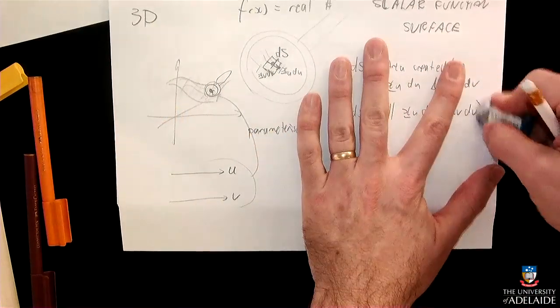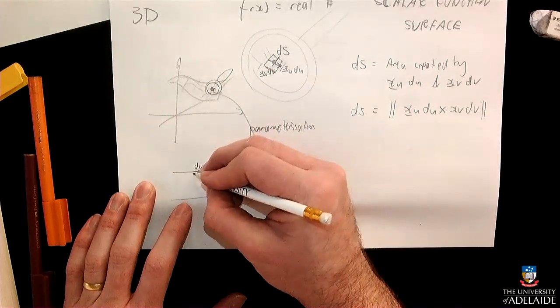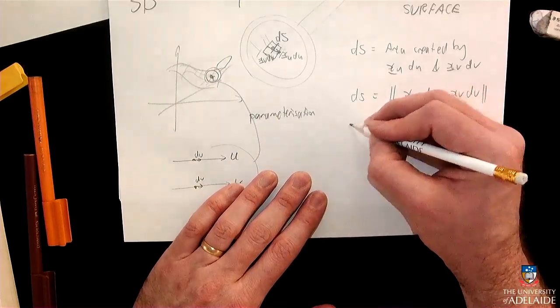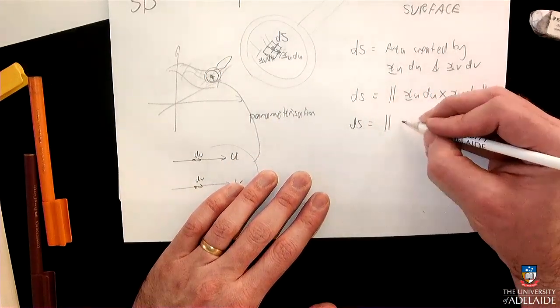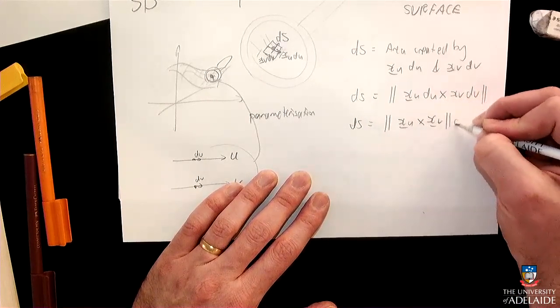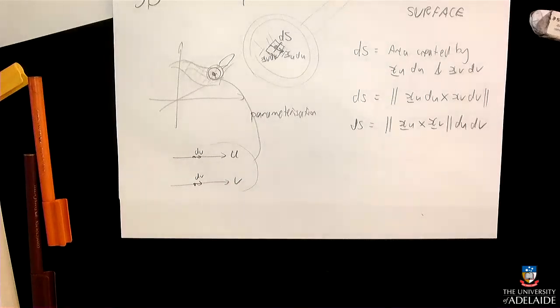And du and dv are just numbers because they exist over here. And so dS is going to be that. I can bring them outside of the cross product.